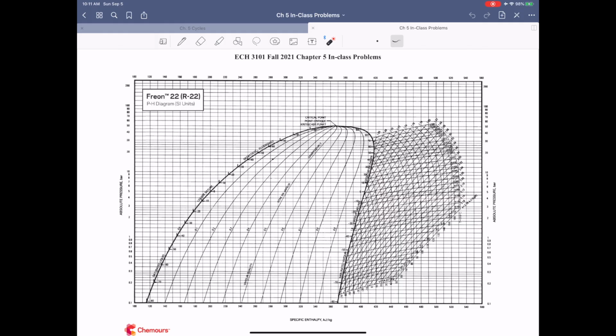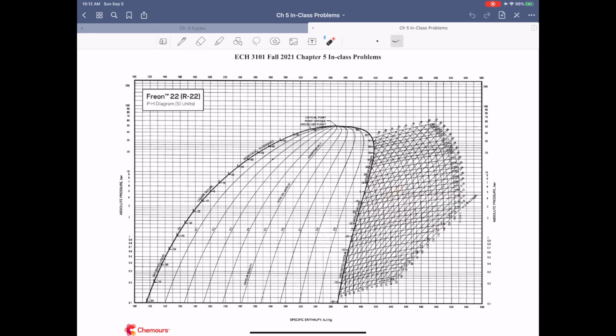In these plots, if you're doing your thermodynamic analysis of a refrigeration cycle and you know two parameters, say the absolute pressure and the specific enthalpy, you can take the intersection of those two properties, and from that intersection, you get, for example, the specific entropy or the specific volume.